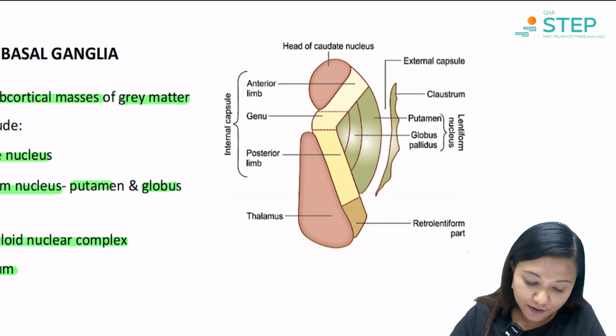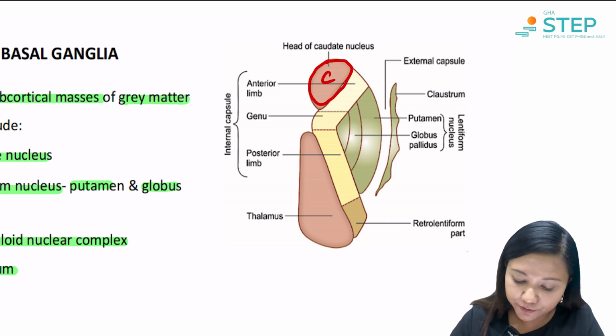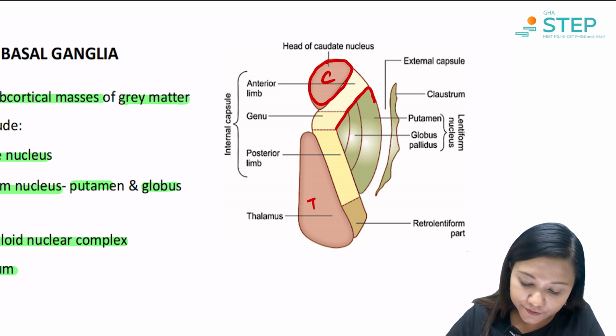As you can see in this image, this is the head of the caudate nucleus. You can see the thalamus down here, and this entire nucleus is the lentiform nucleus.